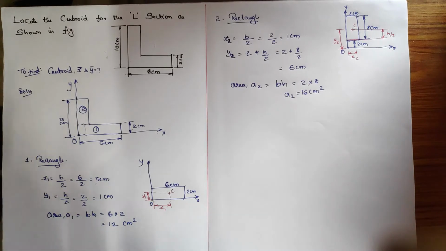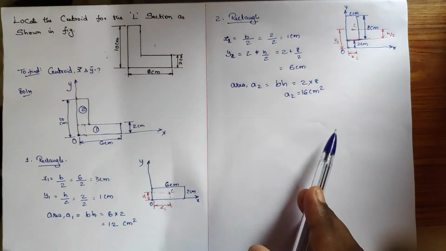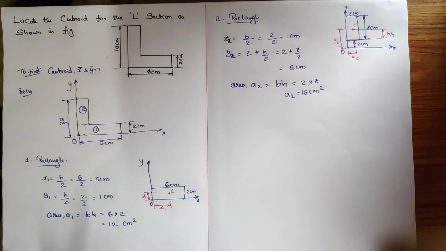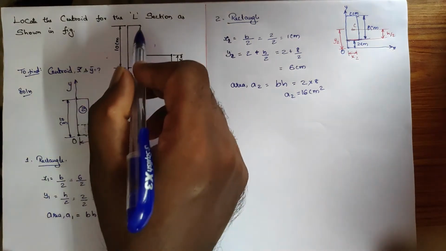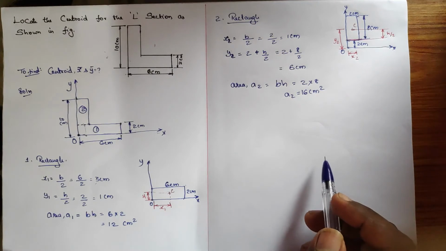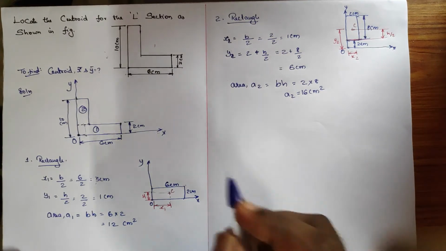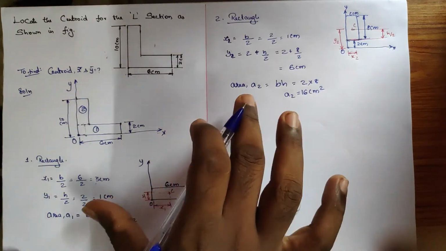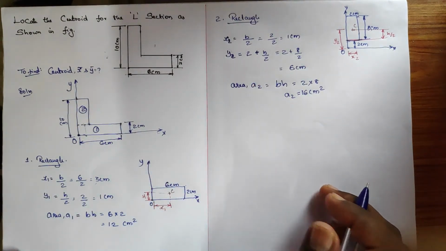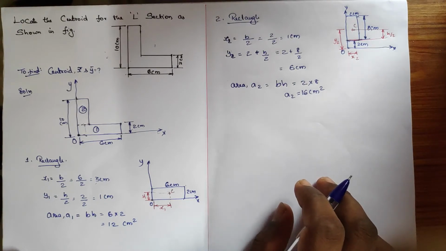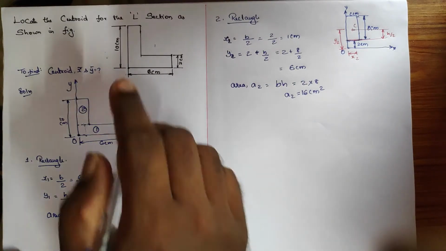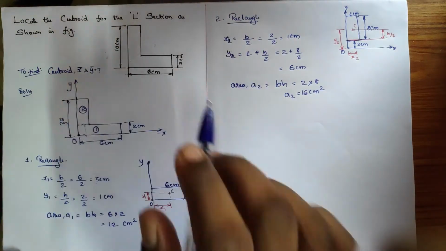So here we have found, for each and every divided simple component, x1 y1, x2 y2 and the area for each component. Our task is to plot the centroid for these components. So what I am going to do is combine the two components, in order to specify the x and y for this particular L section.